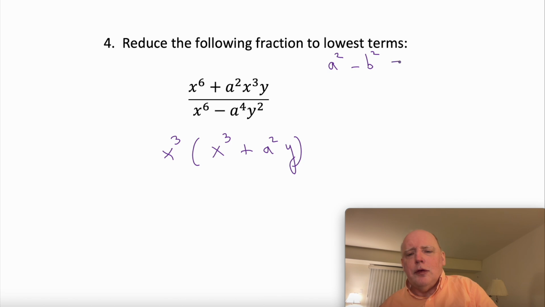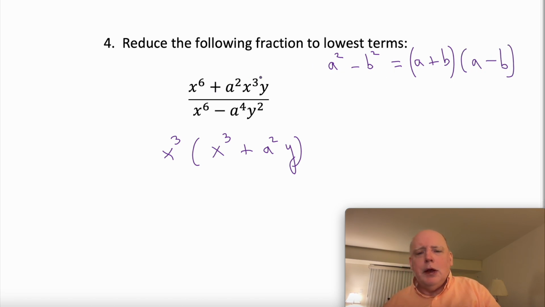So the difference of 2 squares looks like this. If you have a squared minus b squared, it's a plus b times a minus b. And here a is going to be x to the third, and b is going to be a squared y.